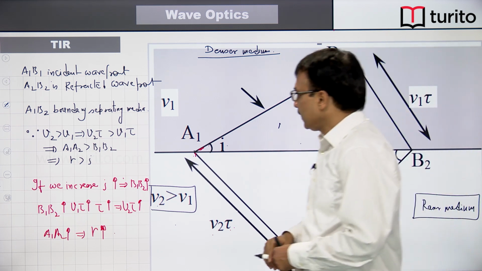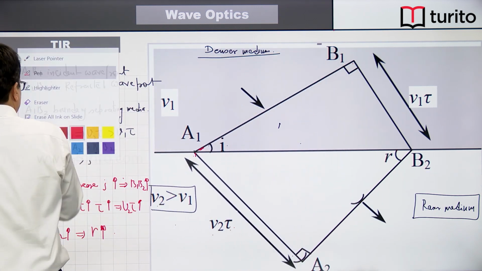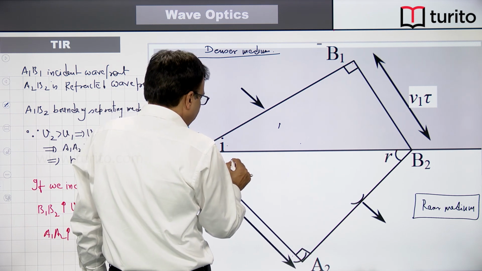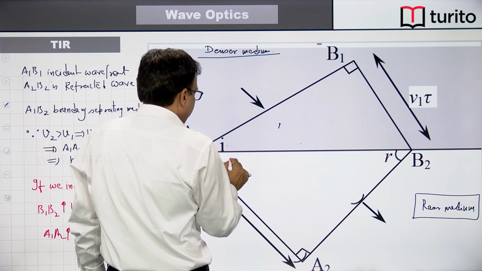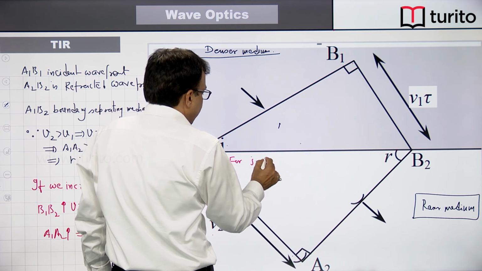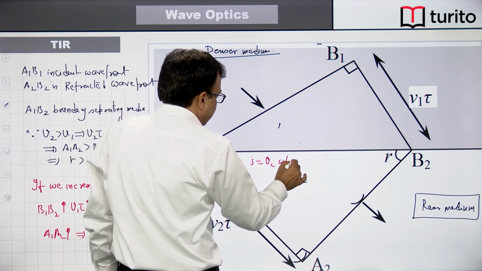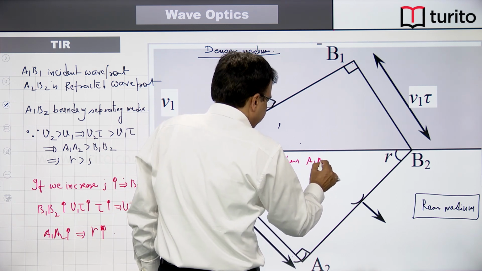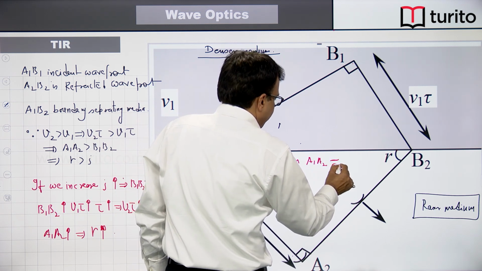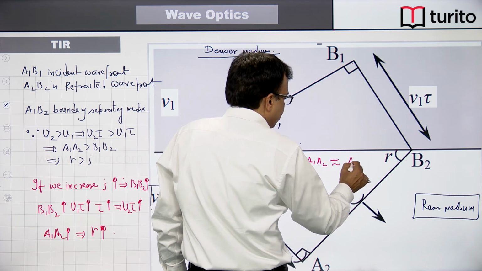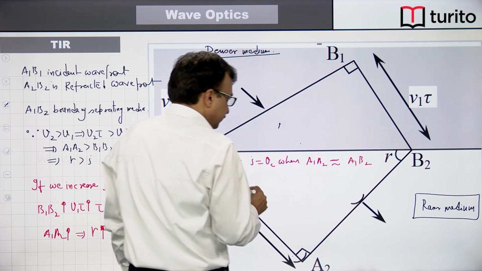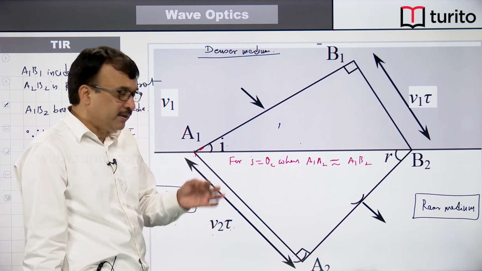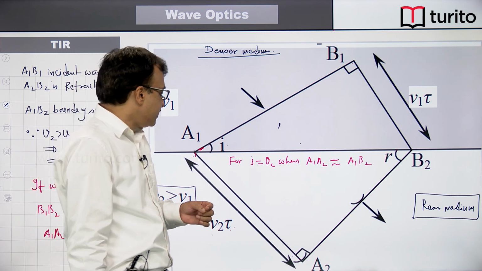At this angle of incidence, for I equal to theta c, when A1 A2 becomes approximately equal to A1 B2, this is the situation just before TIR, when the angle of refraction becomes 90 degrees.